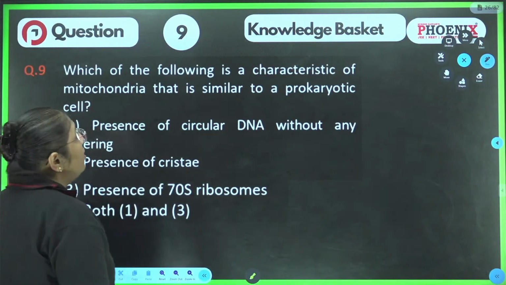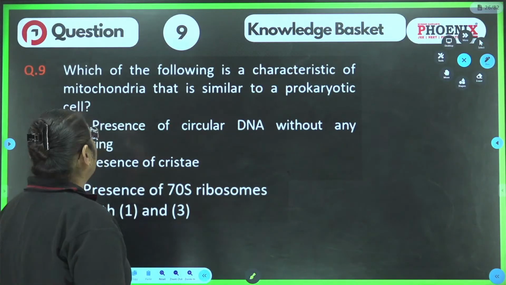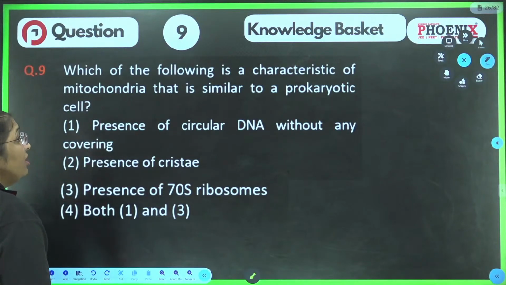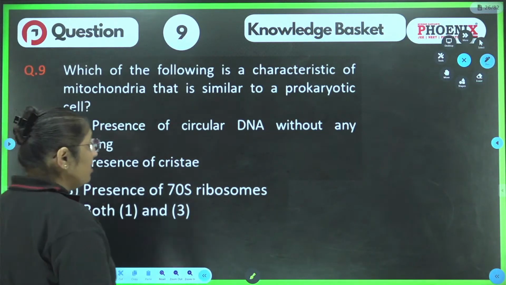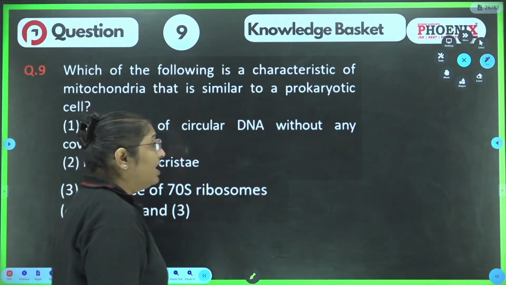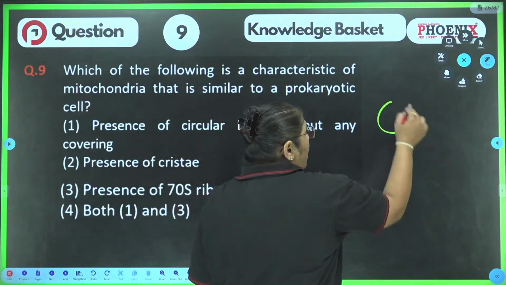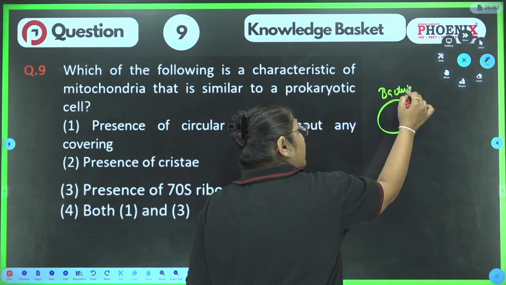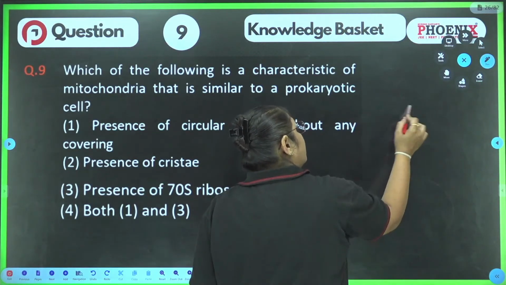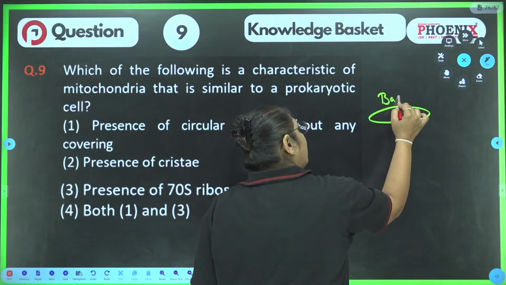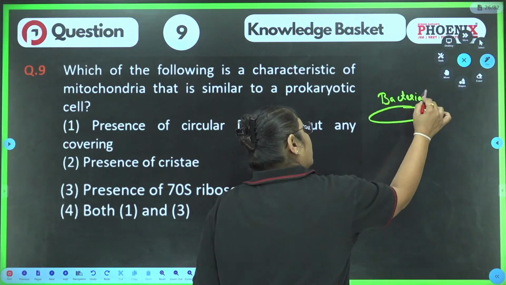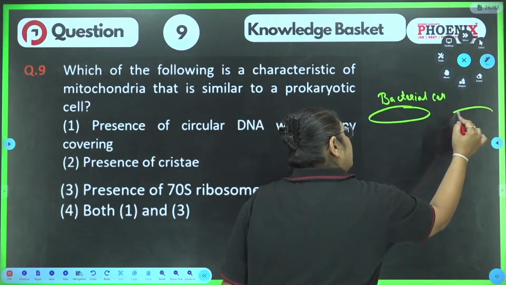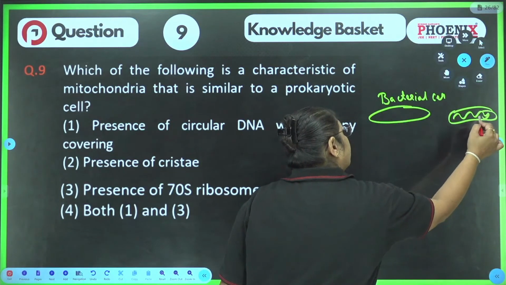Which of the following is a characteristic of mitochondria that is similar to a prokaryotic cell? Now the question is, a prokaryotic cell, let's say it is the bacterial cell, this is the bacterial cell, and this is the mitochondria.